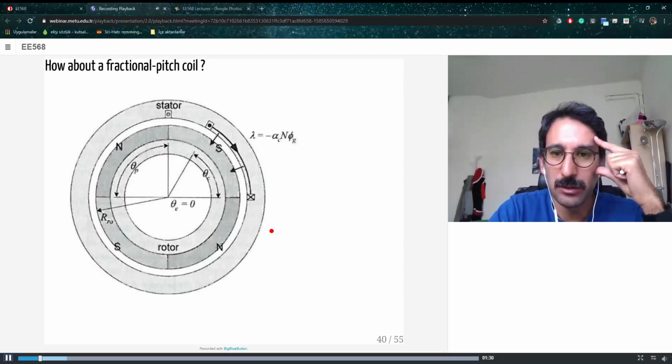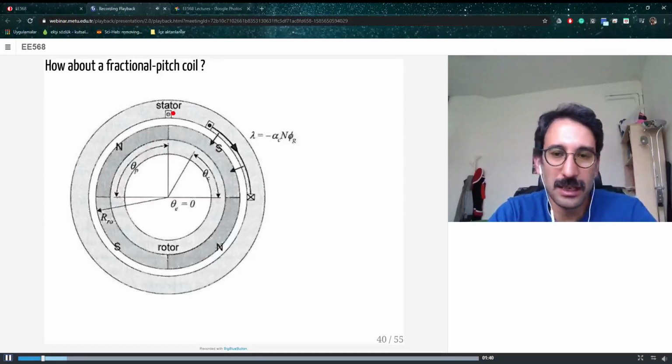Then we looked at the fractional pitch coil. What I did here is just use a shorter pitch coil. So instead of spanning all 180 degrees electrical, now it is shorter, or it can be longer. It is the same logic.